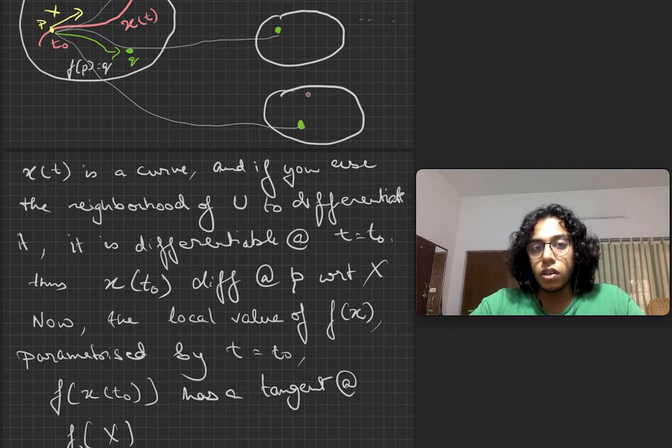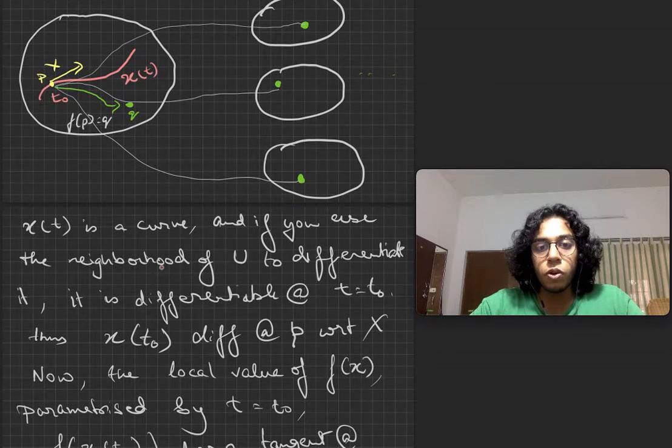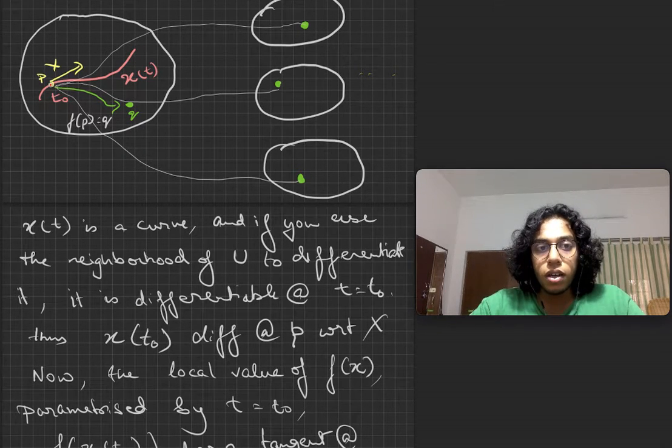x of t is a curve, and if you use the local neighborhood U, the coordinates of that, to differentiate this curve, you will see that you get a tangent at x of t naught.